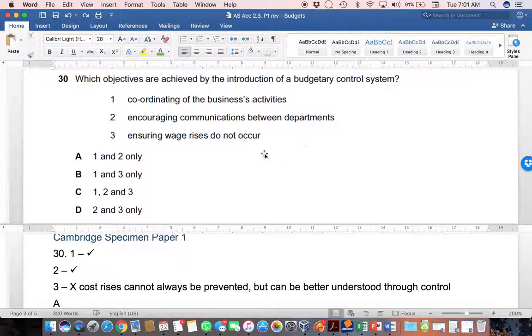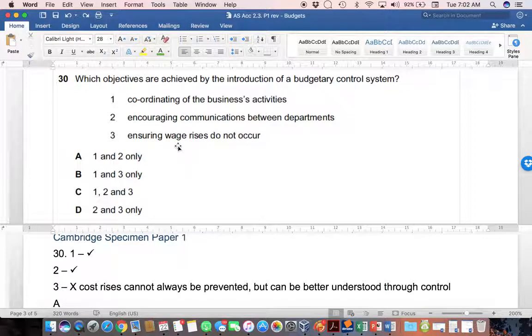Number three, ensuring wage rises do not occur. Now, this option is a little bit problematic because ensuring is always difficult. This means that you are definitely going to make sure that your wage increases will not happen. Well, although you might plan to not have a wage increase, there may be factors beyond your control. Maybe your workers all decide to go on strike and you are forced into wage negotiations and an increase that you had not planned on.